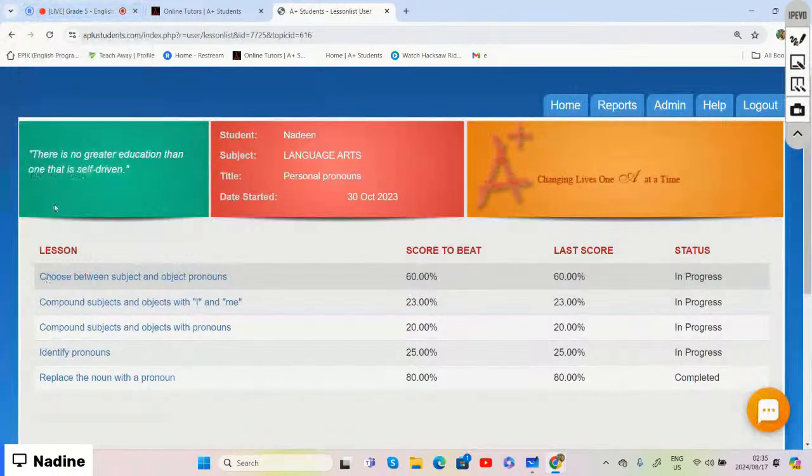All right. So now we're going to do compound subjects and objects with I and me.